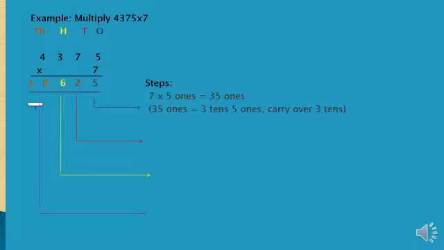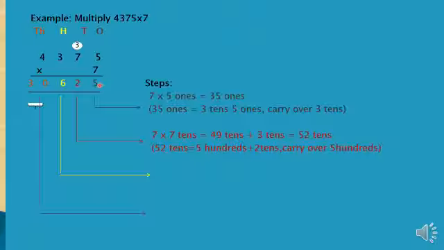Now, always we start multiplication from ones place. So, you should multiply 7 with 5 ones. It is 35 ones. 35 ones is same as 3 tens and 5 ones. So you have to write 5 under ones place and carry 3 to tens place.